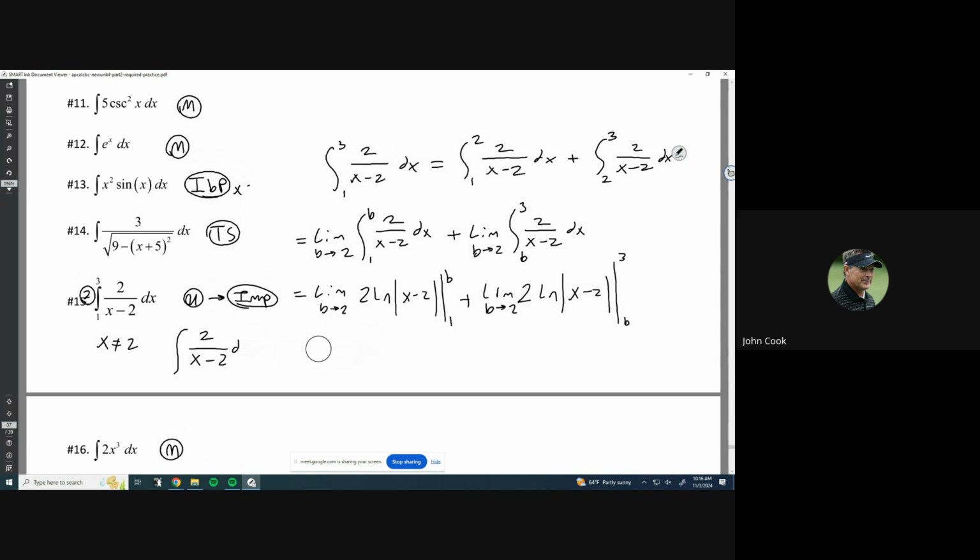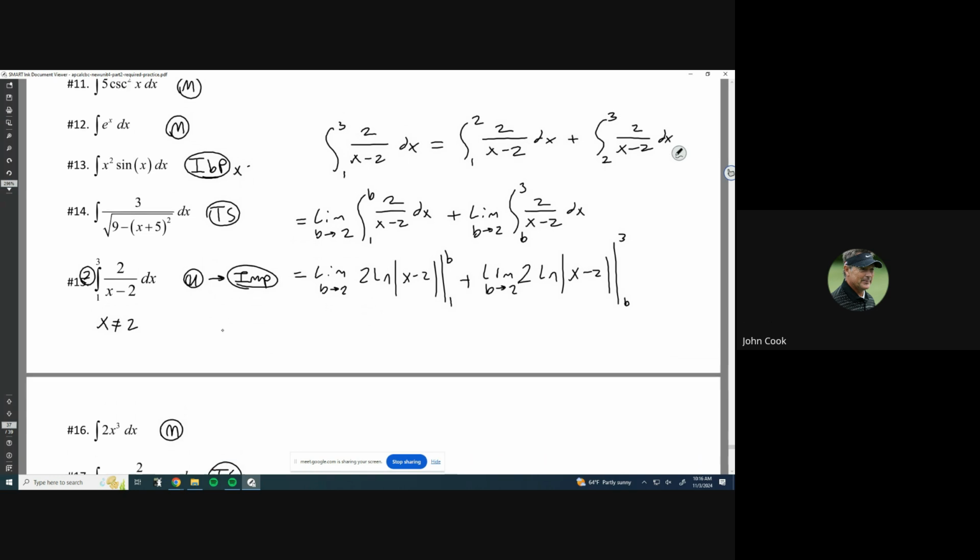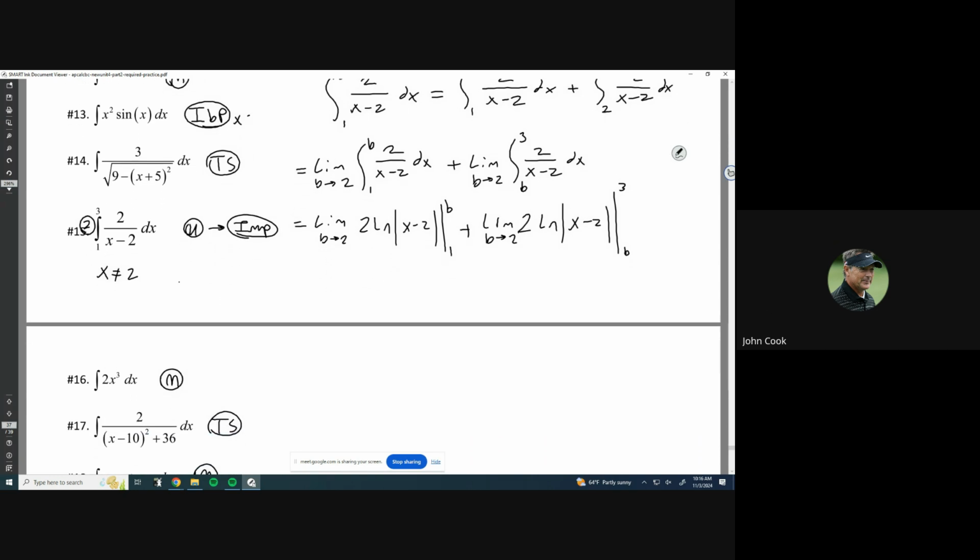Okay, now we use the fundamental theorem of calculus and plug those values in. So we've got the limit as b goes to 2 of 2 natural log absolute value of b minus 2, minus, my bad, minus 2 natural log absolute value of, I'll plug the 1 in, 1 minus 2. Now the plus comes in from there.